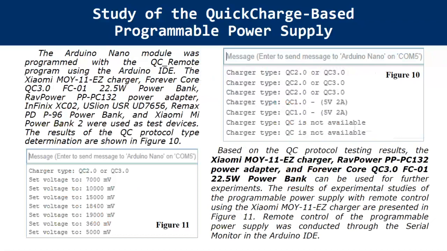The Arduino Nano module was programmed with the QC remote program using the Arduino IDE.